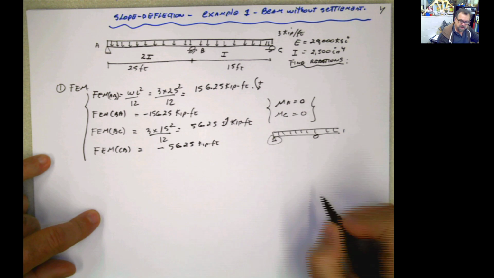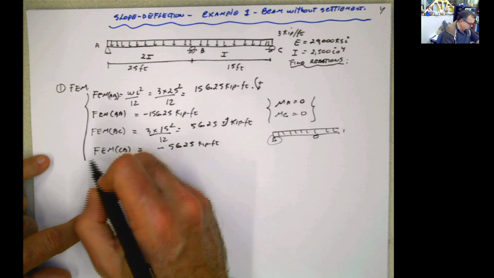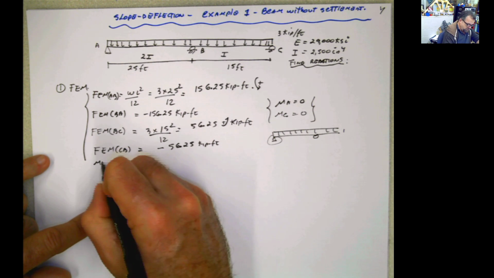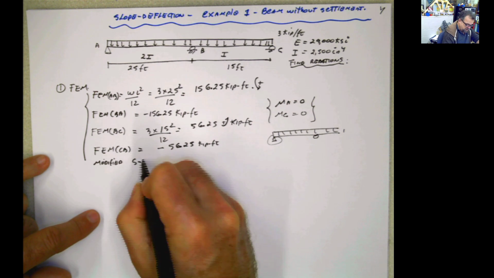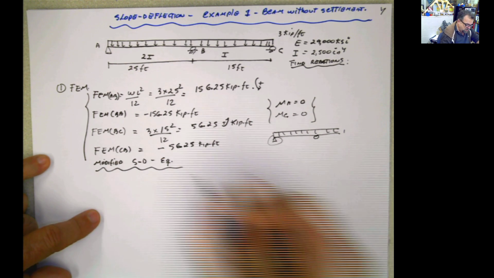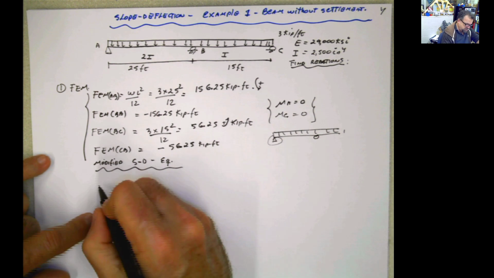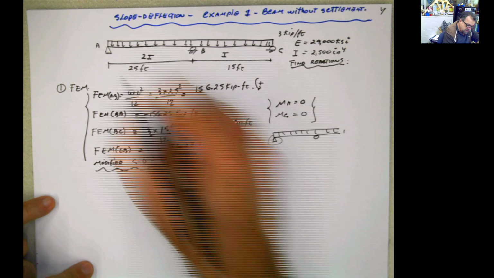This is a pin, and this is a continuous support, meaning we have to use the modified slope deflection equation. What is the modified slope deflection equation? I'm gonna just copy it. I know the moment at A is gonna be 0.